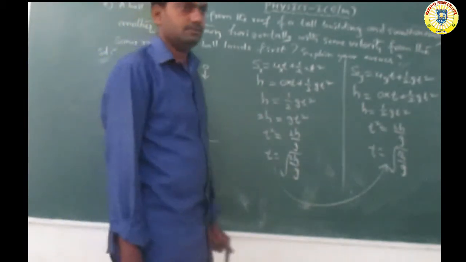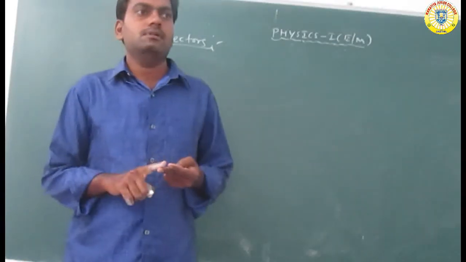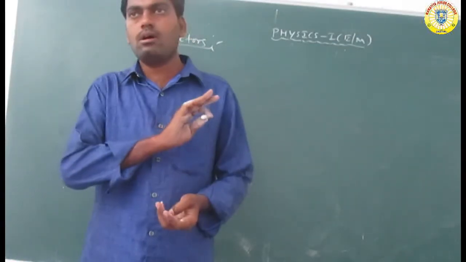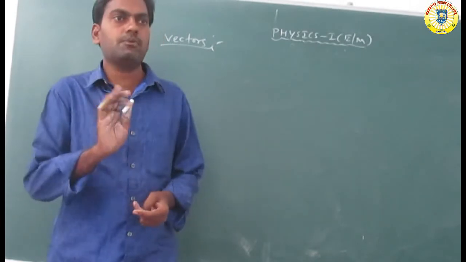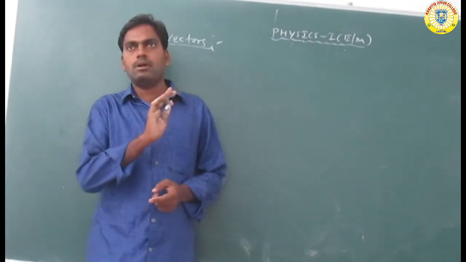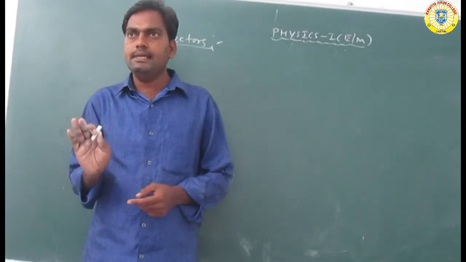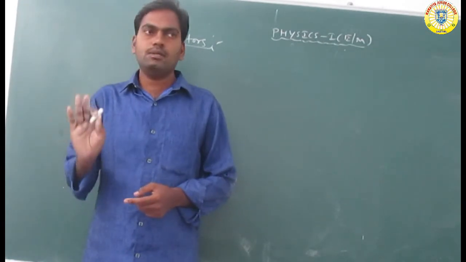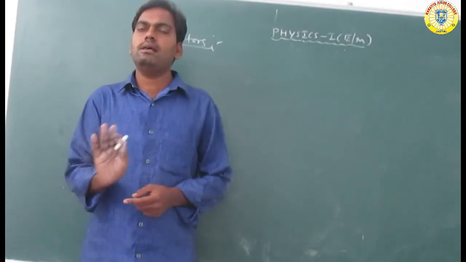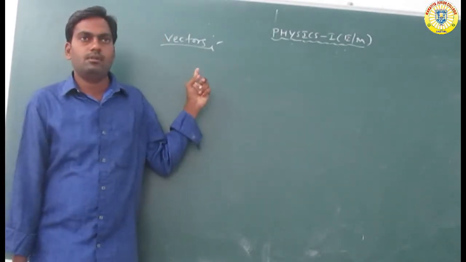Right. First one: time, velocity, acceleration. These are all physical quantities, measurable quantities. Measurable quantities are also physical quantities. A physical quantity which has both magnitude and direction is called a vector.